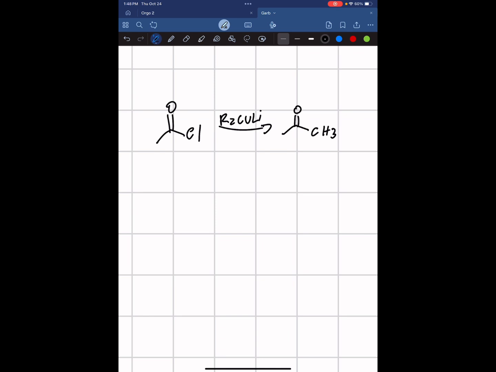Okay, so this reagent is very similar to the Grignard reagent, except that it stops at the ketone. That's really the only difference between the Grignard and this reagent. It undergoes a similar mechanism too. You're just going to have a CH3 group come in and attack.